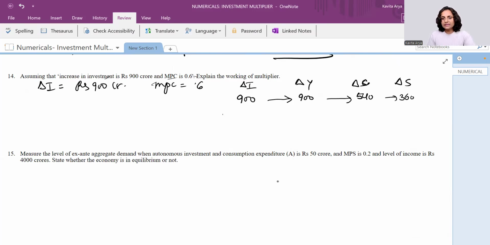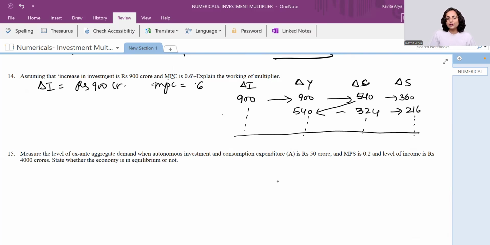Now this consumption becomes the income in the second stage, and then 540 here, and 60% of 540 would be 324, and the 40% would be 216. Now what would we do? We'll simply try to give the dotted notation of the other rounds, right? And how would we show the values at the bottom?